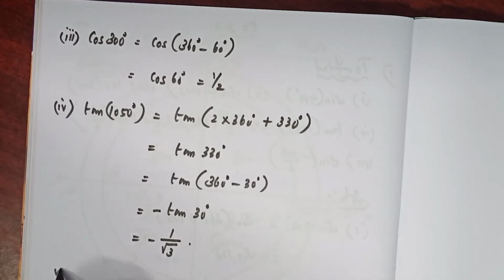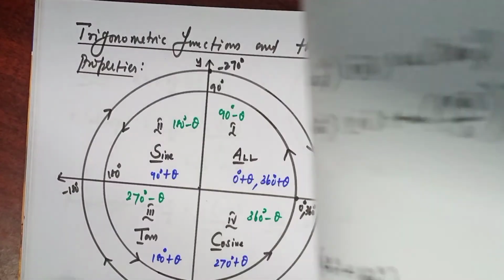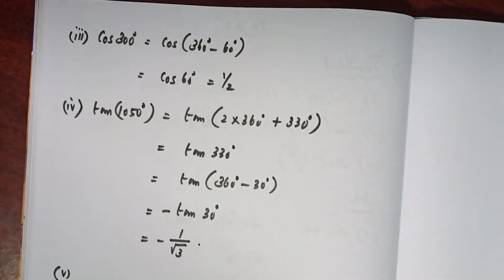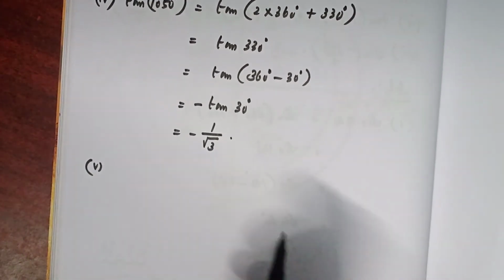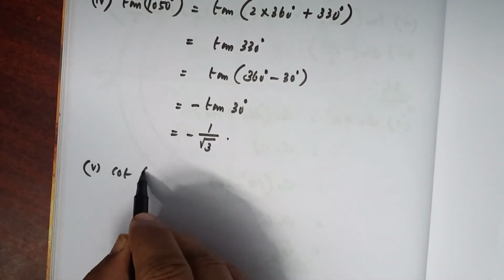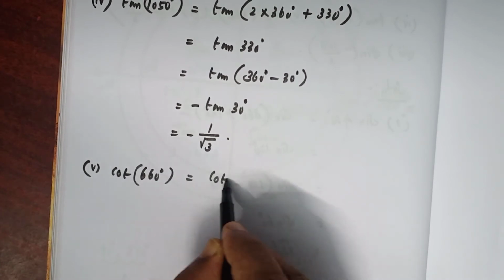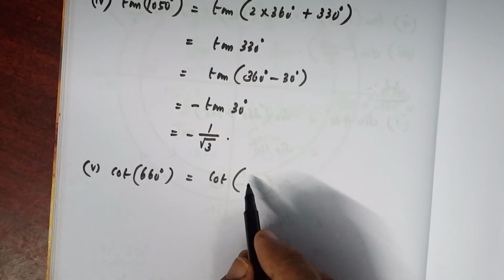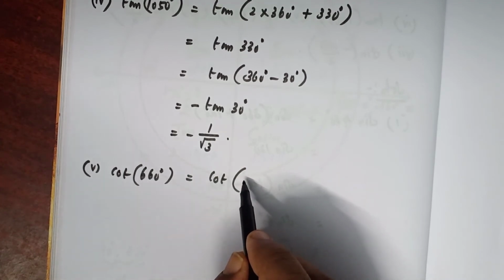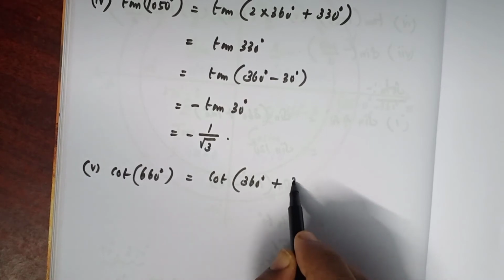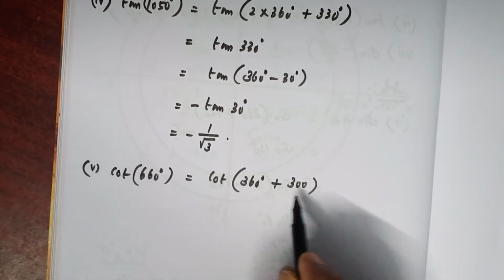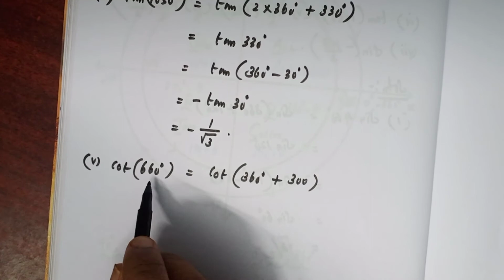Now subdivision number 5, cot 660 degrees. Cot 660 degrees is equal to cot of... we can go for one rotation only, since double rotation is 720. So 360 plus 300 is equal to 660.